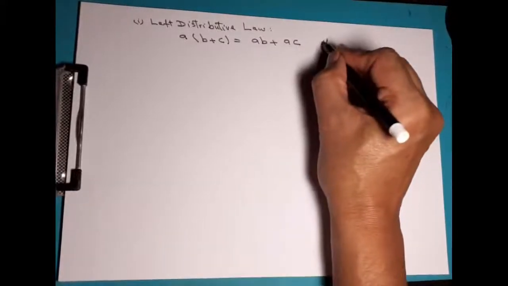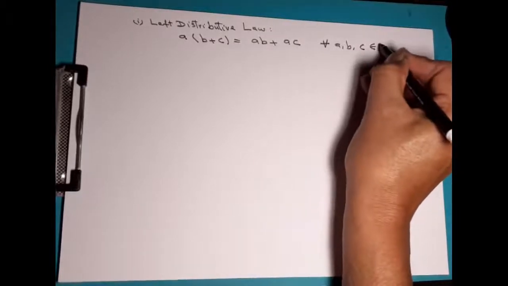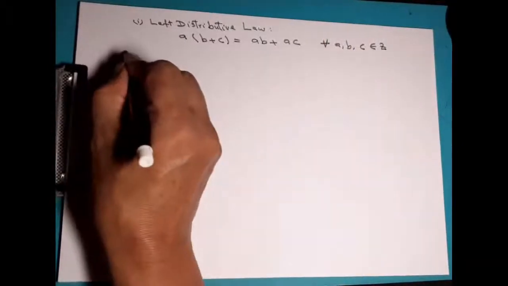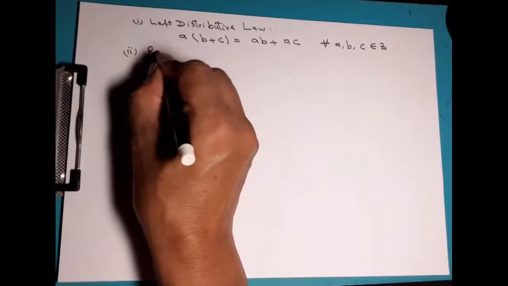This is for all A, B, C belonging to Z. And secondly, this is the right distributive law.